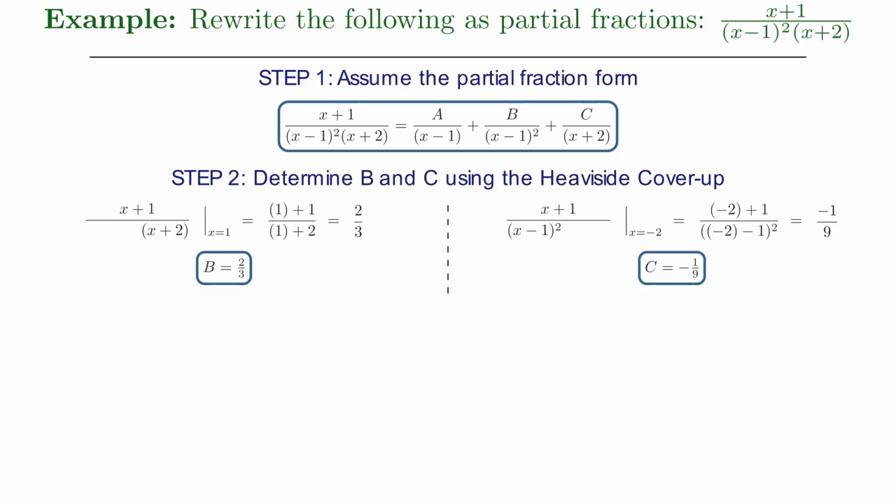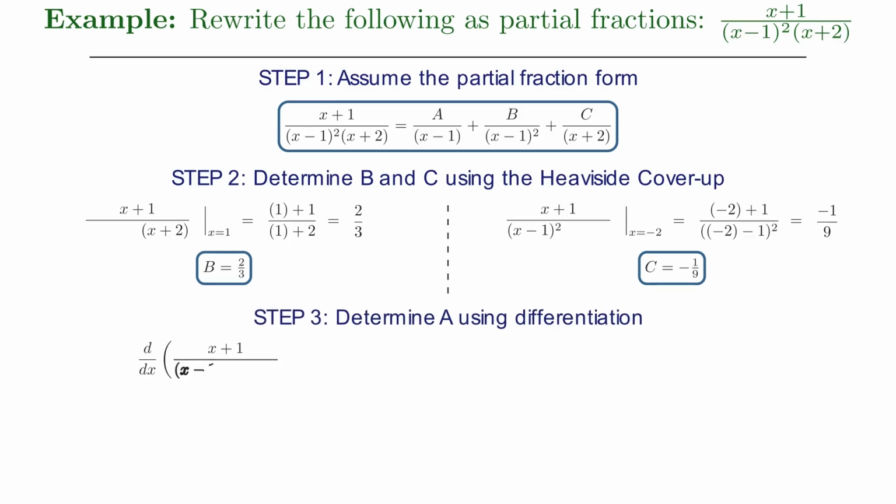So to find the A, I need to use differentiation. I start by taking that full expression on the left-hand side, (x + 1) over (x - 1)^2 (x + 2). And again, I'm going to cover up the term which relates to the A, which is the (x - 1)^2. So I take the derivative of (x + 1) over (x + 2) and evaluate this where x - 1 is equal to 0, x equals 1.